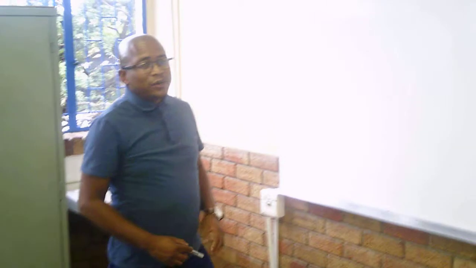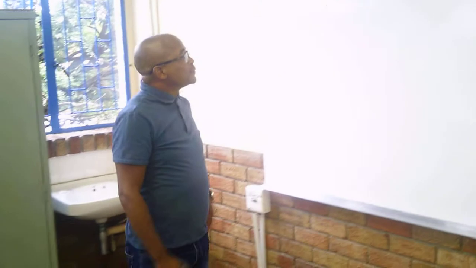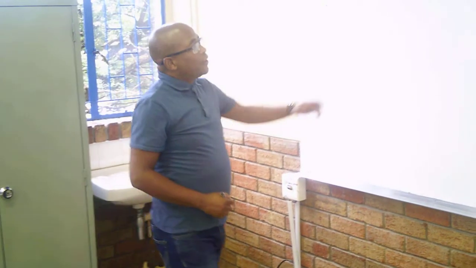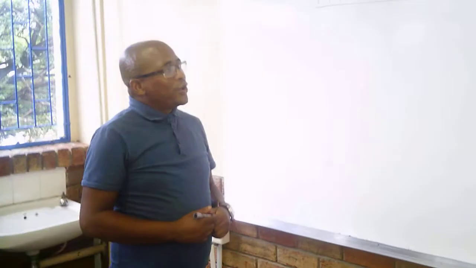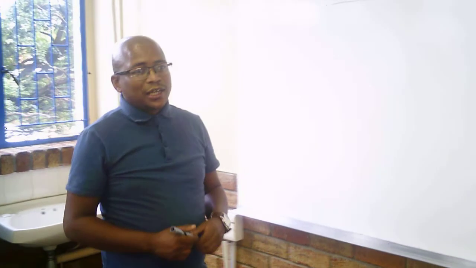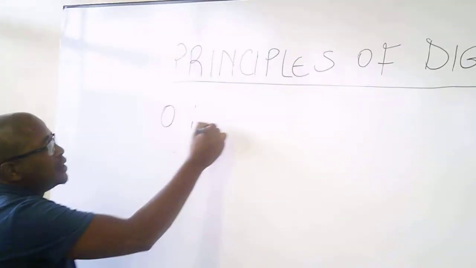Today we are going to deal with the subject Electrotechnology, Unit 8, Principle of Digital Logic System. With the logic, you have only two numbers to use. You have to use 0 and 1. 0 will mean off.